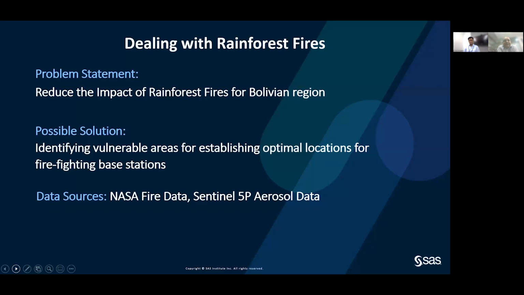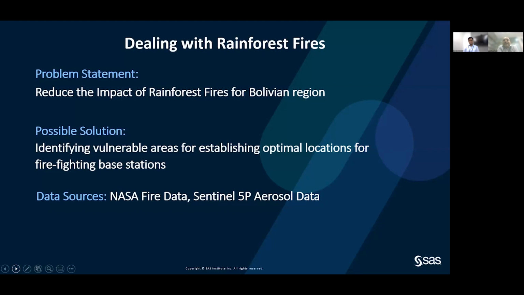So given the data sets, we process them for further analysis. And the two data sets that we looked at were the fire data set from NASA, and the other one was the aerosol data set, which we got from Sentinel-5P, which is basically a satellite commissioned by the European Space Agency.